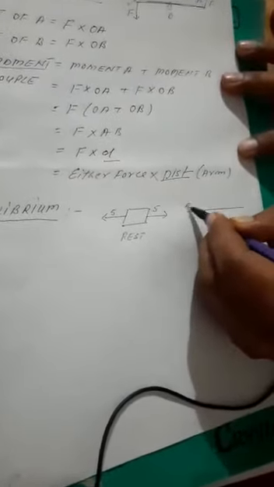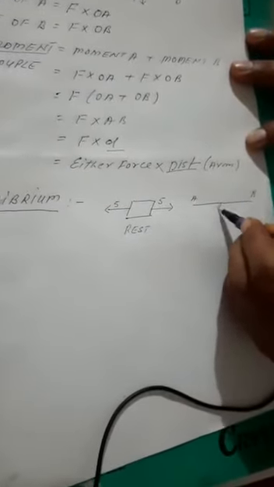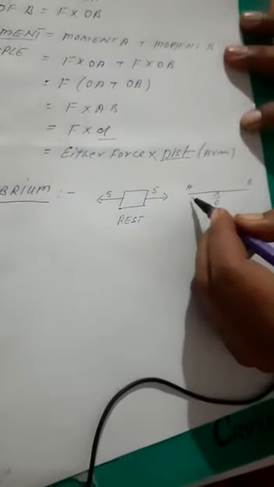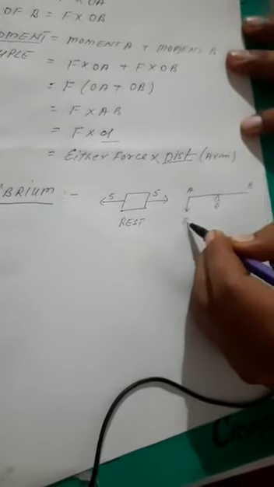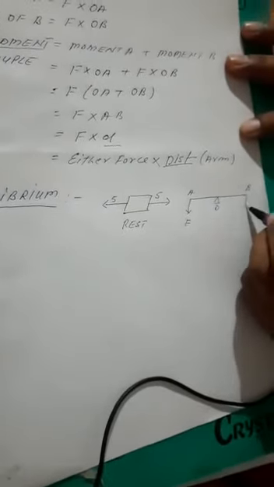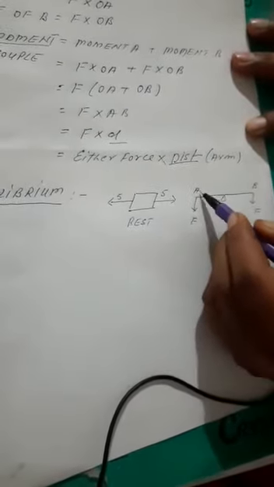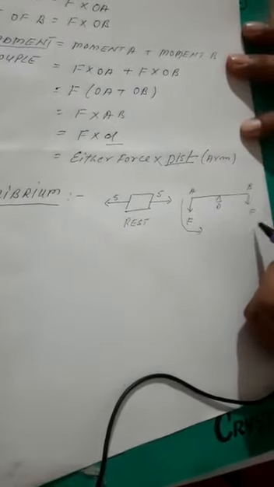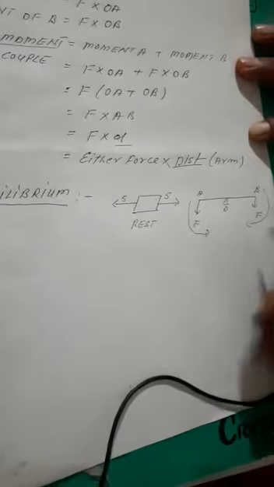Similarly, if I take a bar, suppose AB is a bar and it is pivoted at, suppose, midpoint O, and if I apply F force over here and F force over here, then this force will try to rotate the point A in the anti-clockwise direction and this force will try to rotate the point B in the clockwise direction.